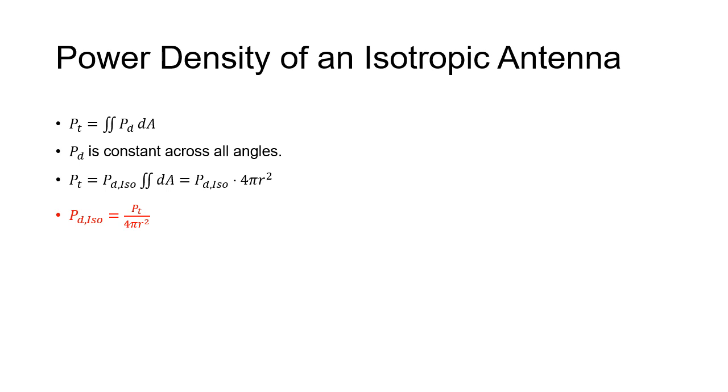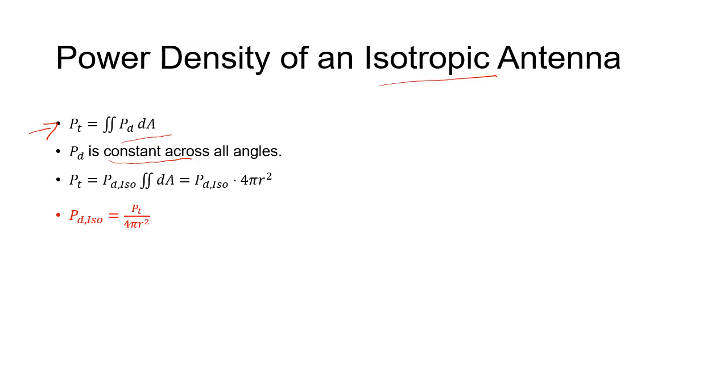Let's review one item which we have already studied in the previous video, the power density. We studied that the total power is equal to the double integral of the power density dA. But in the case of the isotropic antenna, we have a constant power density across all angles.